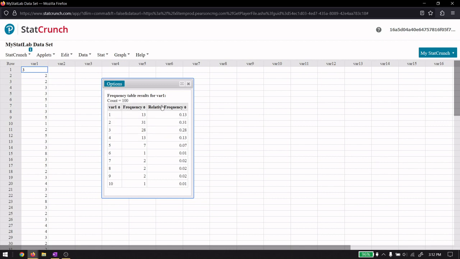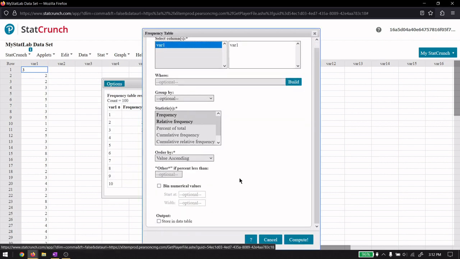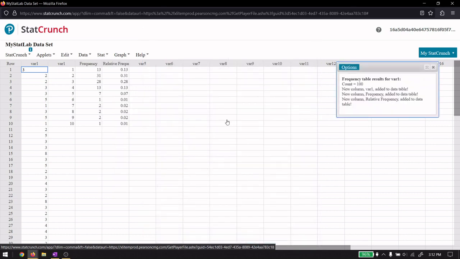There's 100 total data points here. 13 divided by 100 is 0.13. 31 divided by 100 is 0.31, and so on and so forth. I'm going to store this data in a table for later use, possibly.